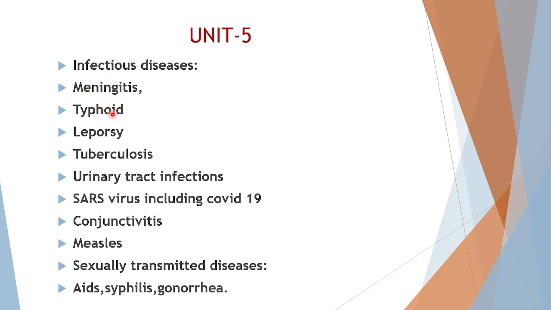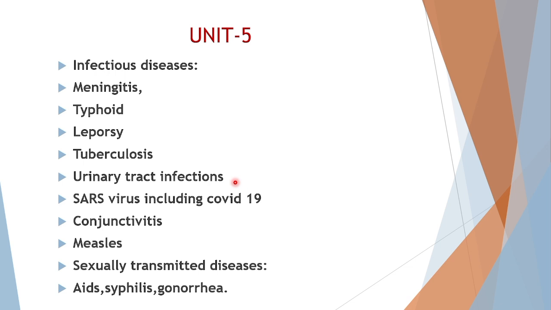Next, typhoid. Typhoid is a type of infectious disease which is mostly caused by the typhoid bacteria, okay. What is leprosy? Leprosy is also an infectious disease which is caused by Mycobacterium leprae. And tuberculosis. Tuberculosis is also an infectious disease in which the lungs are mostly affected. Urinary tract infections.